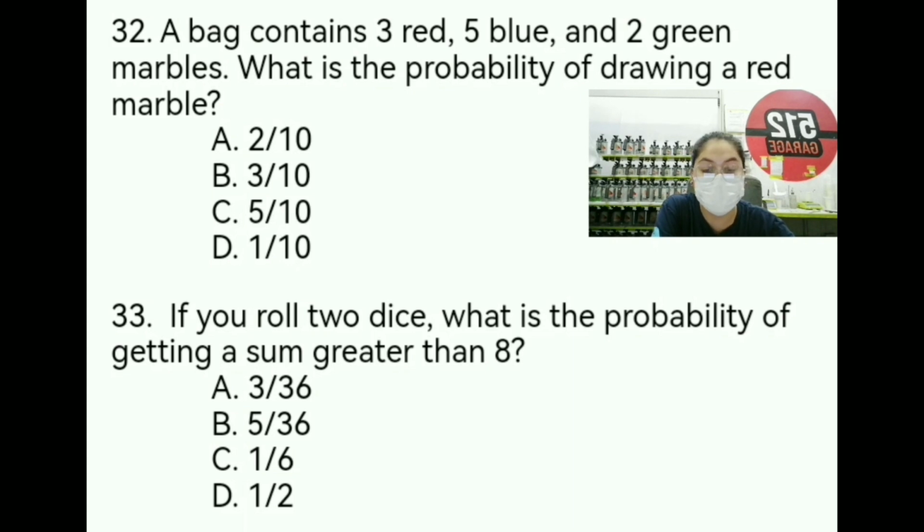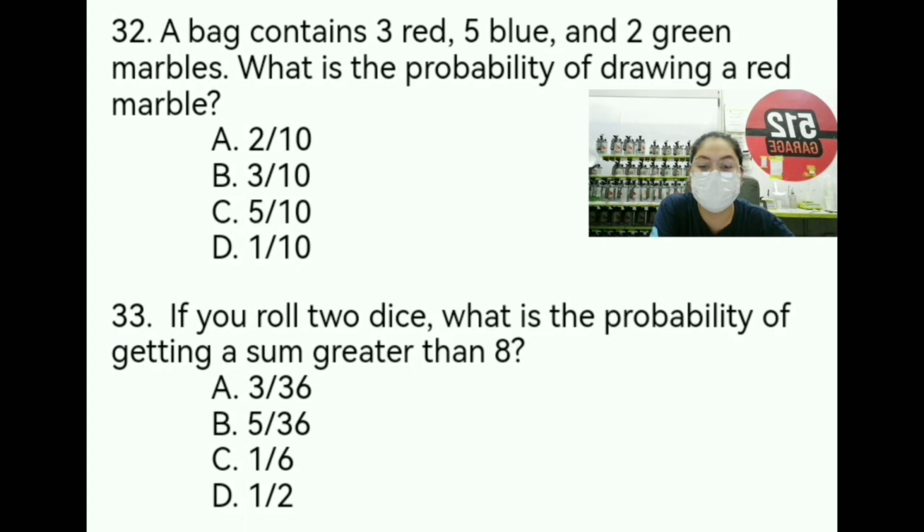That's the correct answer, letter B. Now let's rationalize each choice. Letter A, 2 over 10, is incorrect. This probability corresponds to the number of green marbles divided by the total marbles, so it does not represent the probability of drawing a red marble.